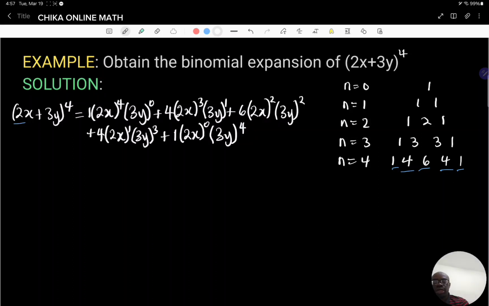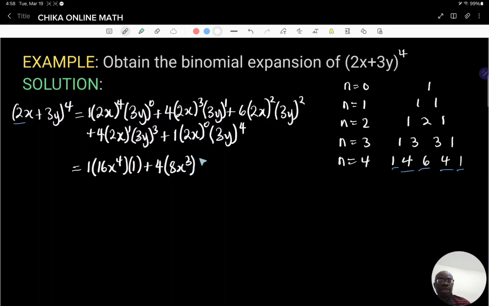So let's simplify. 1, 2x raised to the power 4: 2 raised to the power 4 is 16, then x raised to the power 4. Then 3y raised to the power 0; any number raised to the power 0 is 1. Plus 4, then 2x raised to the power 3: 2 raised to the power 3 is 8, so x raised to the power 3.